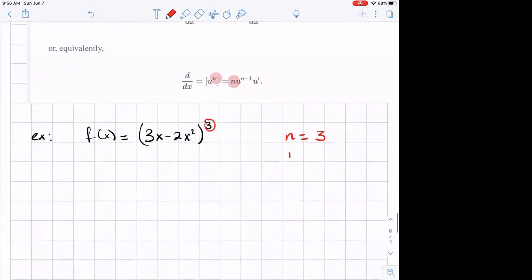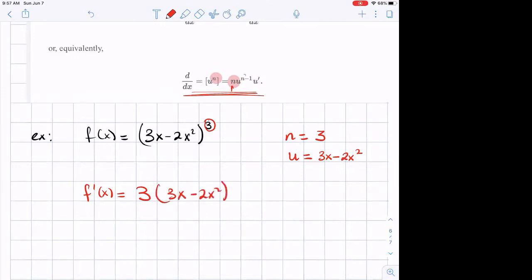And what is u? What is u in my example? 3x minus 2x squared. Very good. So if you have that, then we can follow this. So f prime, also known as d dx, f prime of x says n, which is 3, times u, right? U is 3x minus 2x squared, to the n minus 1, so 3 minus 1.